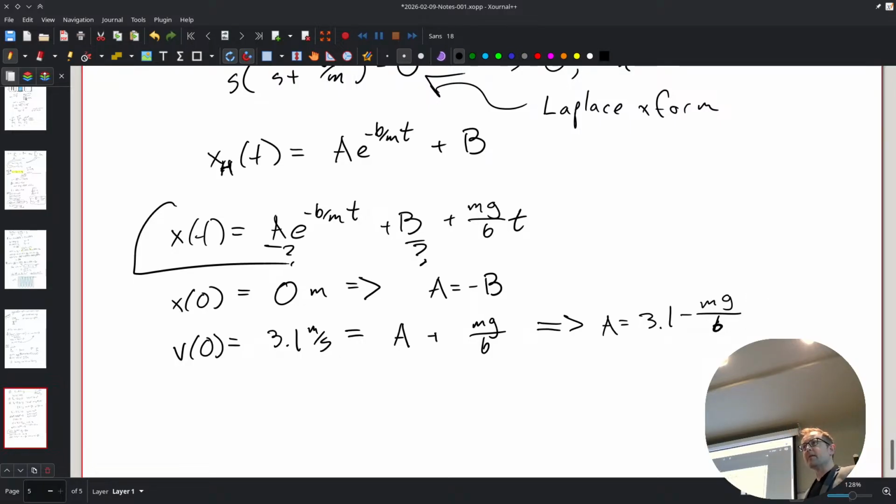And then there's some constant A that is 3.1 minus mg over b. What do we think? Agree, disagree? Yeah. Where did it go? Yeah. Oh, yeah, when we do a derivative, I guess we do need that negative.